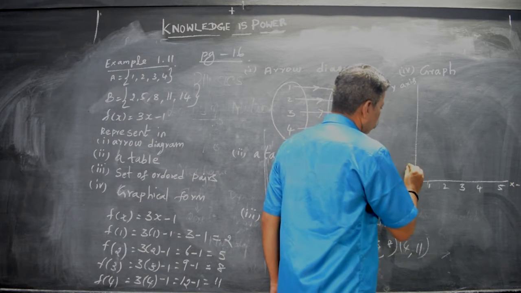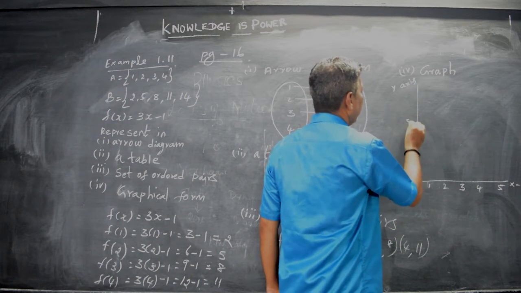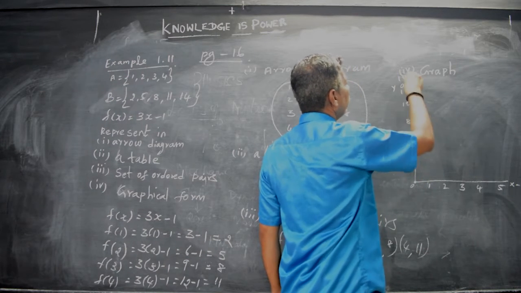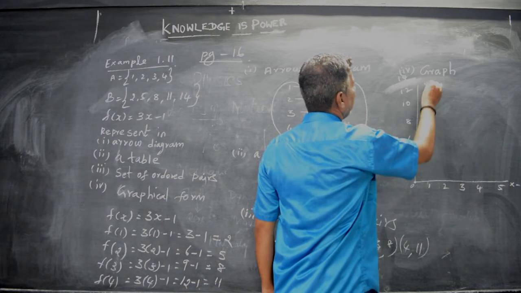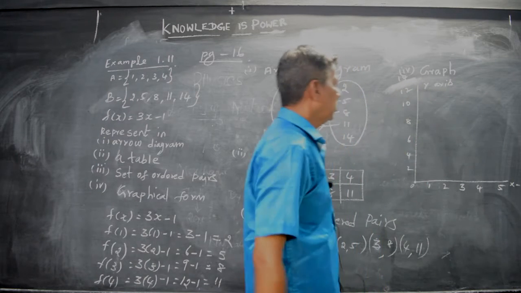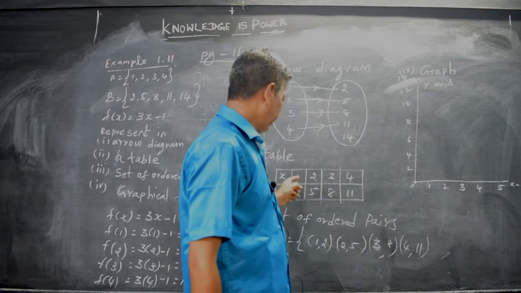Suppose you are putting 2, 4, 6, 8, 10, 12. If you need, put 14. Y-axis. Is it clear? Then see the first point.